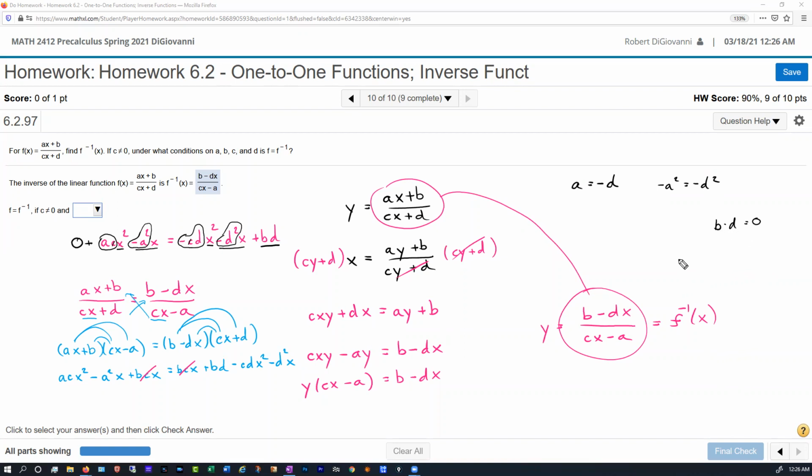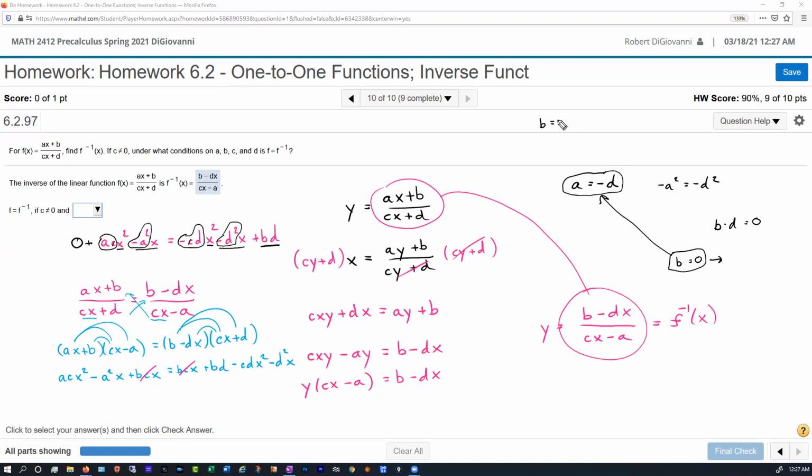So let's just say here, for example, b is 0. If b is 0, then d could be any number, and a would have to be negative d. So we'd have this, b is 0, and then a would be that. c could be anything that we want it to be. That's one case.